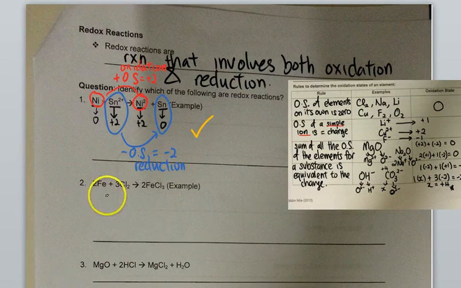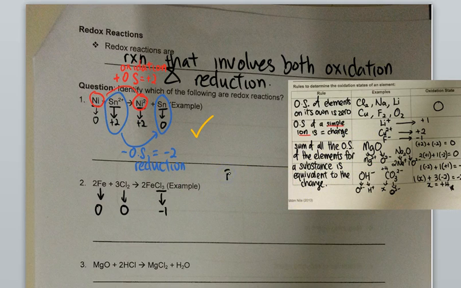Let's try another one. Okay, iron, element on its own, oxidation state 0. Chlorine, element on its own again, attached to no other element, so oxidation state 0. FeCl3. Okay, Cl has oxidation state of -1. Actually, you can just look at the valency. Iron, you're not sure. So what you can do at this point is some simple maths again.